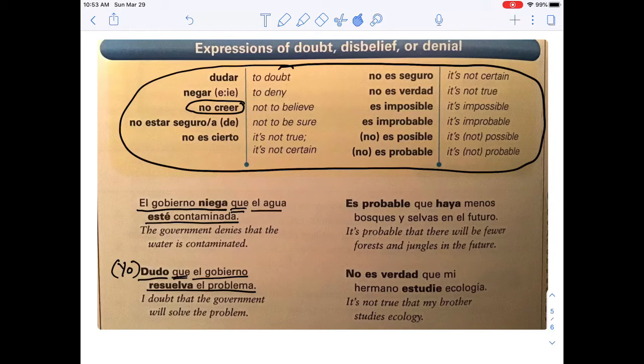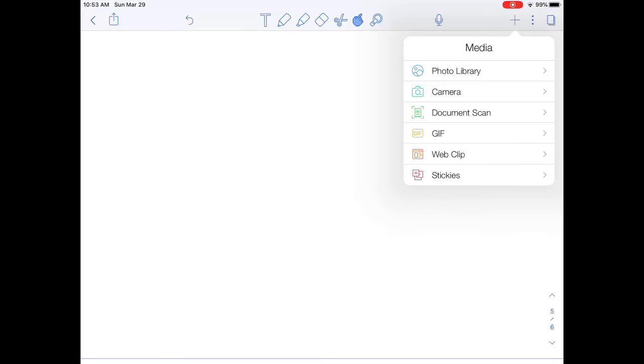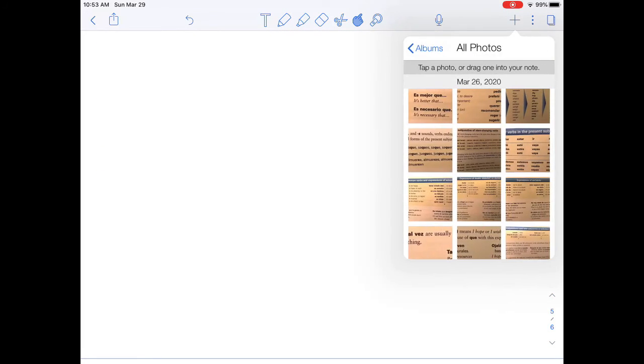I don't believe it leads to a level of uncertainty, right? I don't know for sure, but I don't believe it. Now, when we're talking about the subjunctive and doubt, disbelief, and denial, we have to acknowledge that there is going to be the opposite. There's going to be verbs and phrases of certainty. So we're going to look at those.